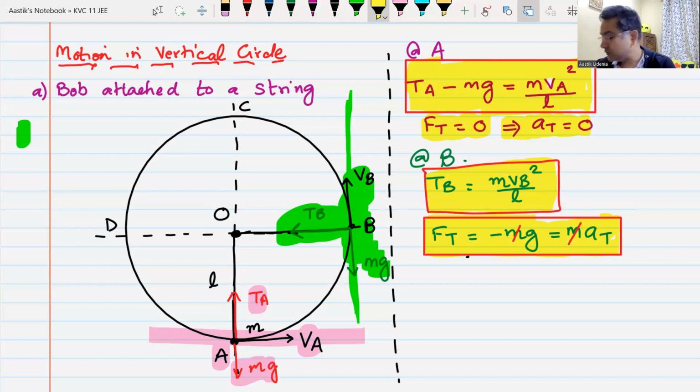Now I move to the next point, point C. I reach the point C, and the block is here. The length is L. Let me call the velocity at point C as Vc. Can anyone tell me what are the forces acting at point C?